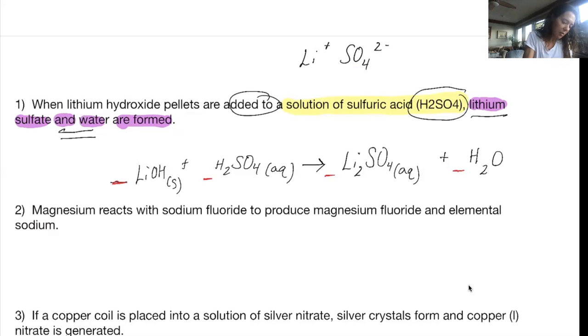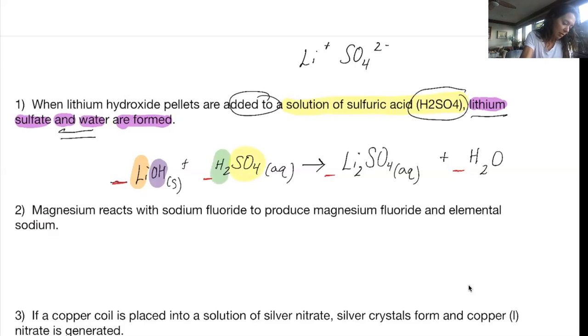Let's look at our elements, because this is what we need to balance. We need to balance our lithiums. This is the easiest way to do it, is to balance our hydroxides. We will then make sure that our hydrogens are balanced, and we will make sure that our sulfates are balanced.